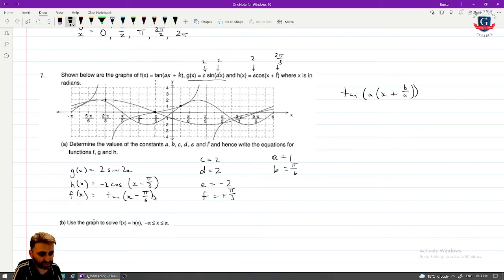Okay, now if we wanted to find out when f of x equals h of x, we'd have to identify which graph's which. So f of x is the tan function, that's this one here, and h of x is the cosine function, which is this one, and we want to know when they're equal. Well, there's a point here where they're equal.